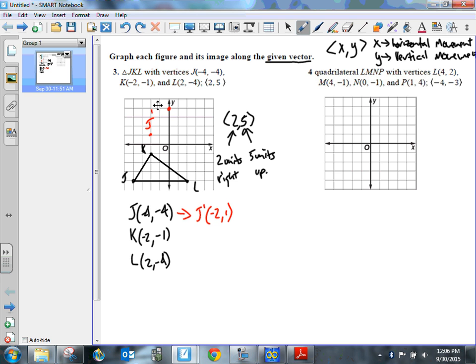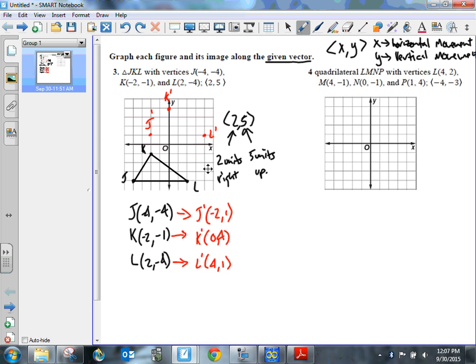That's K prime, which gives me the point 0, 4. Then for L prime, I move 2 units to the right and 5 units up. Here's L prime, which gives me the point 4, 1.